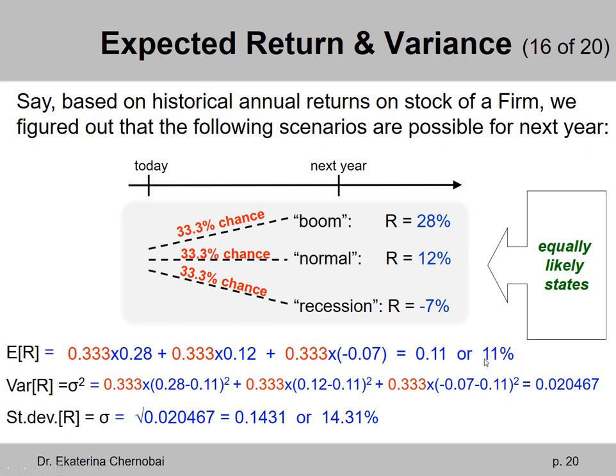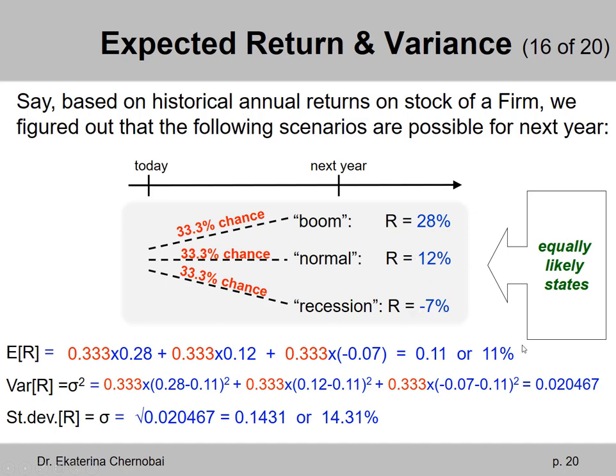It's like saying that on average, your money will be growing by 11% in the future, every year. But you will never actually get 11%, right? Because what you will actually be getting is one of these three given returns, 28% or 12% or minus 7%.